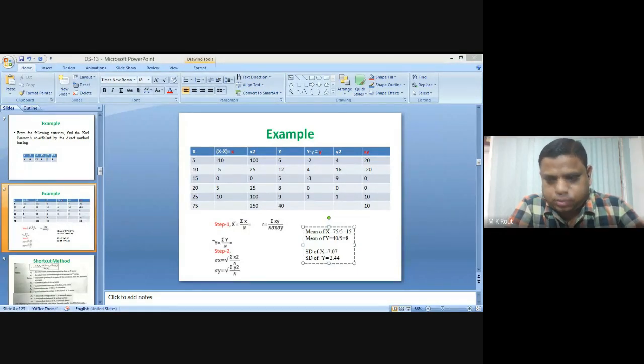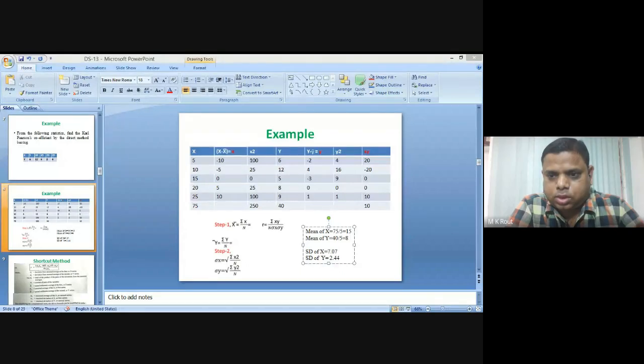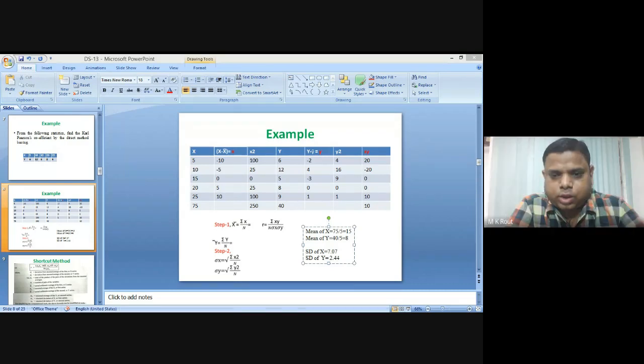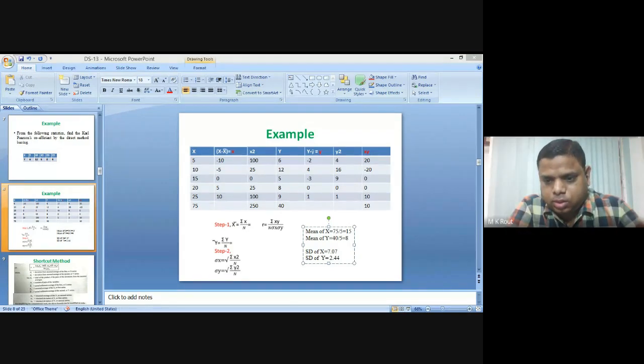Sanjeev Biswal, are you there? Yes, sir, I'm trying here. Okay. Saraswati Naik. Yes, sir. What is the value of standard deviation of y? 2.44. Fine.